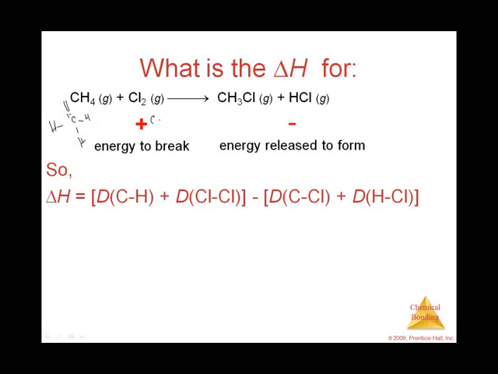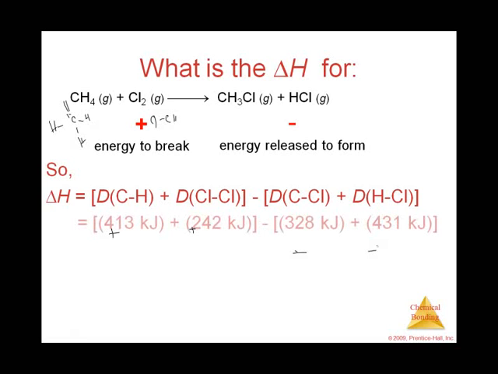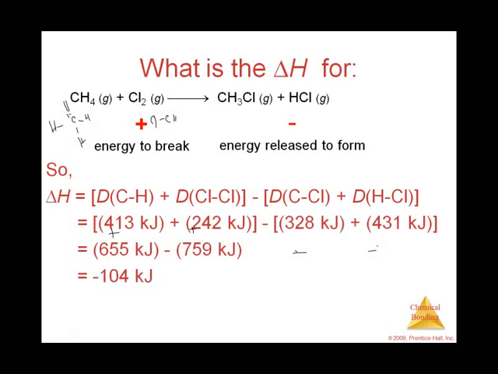I have 1 Cl-Cl bond. Both of those are going to require energy. It's going to be energy and energy. And I'm going to get out energy and energy. I'm going to add them all together and see what I get. Okay? Look these up on the table. And I get this.